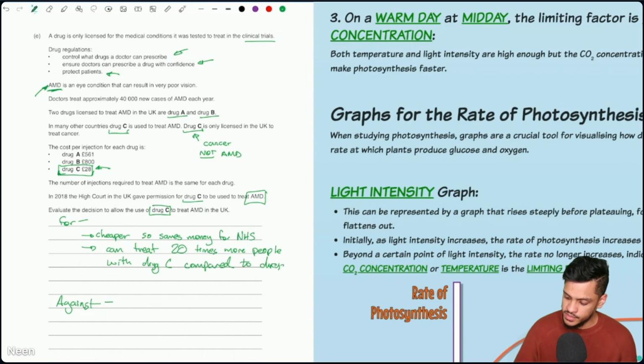And you can do a similar calculation for drug B. So you can do 800 divided by 28. That gives you around 29. So you can say 29 times more people than drug B.